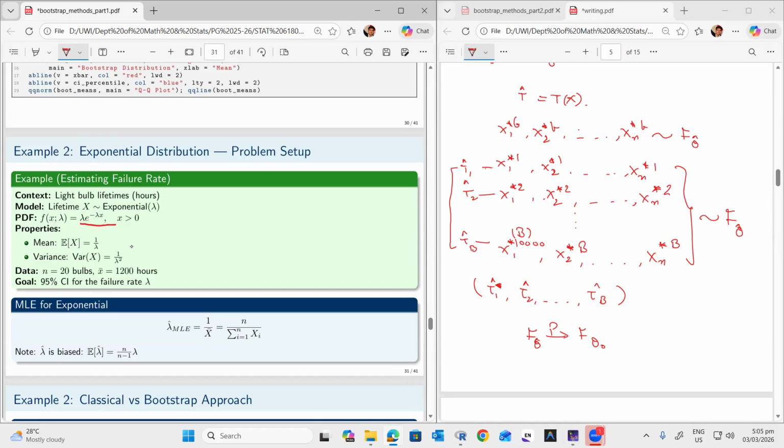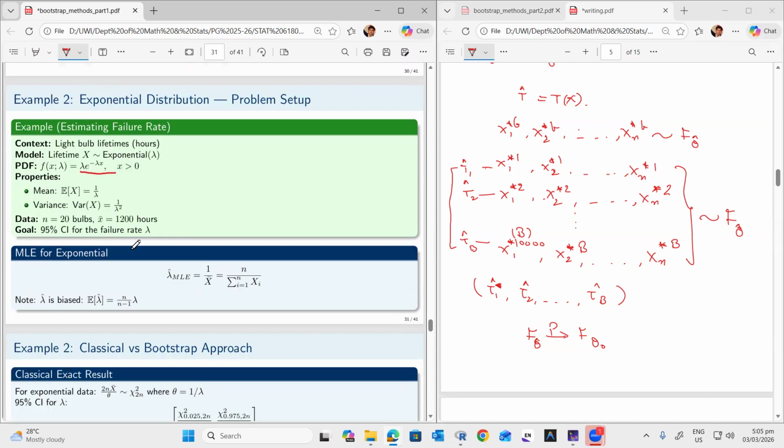We are showing the PDF because if we change the PDF, the mean will change. The mean is 1 upon lambda and the variance of x will be 1 upon lambda squared. The data given is n equals 20, and the total number of hours the bulbs function is 1200 hours. So we need to compute the 95% confidence interval of the failure rate lambda here.